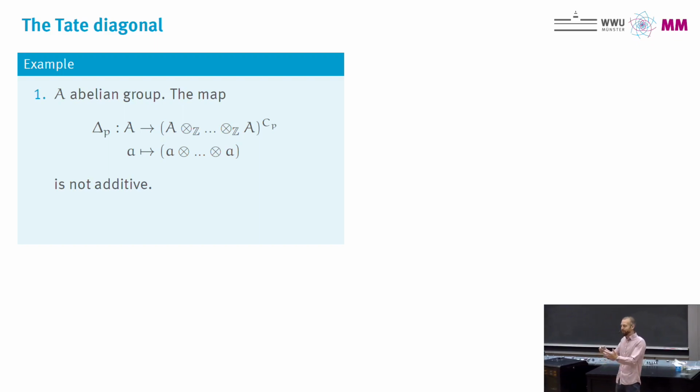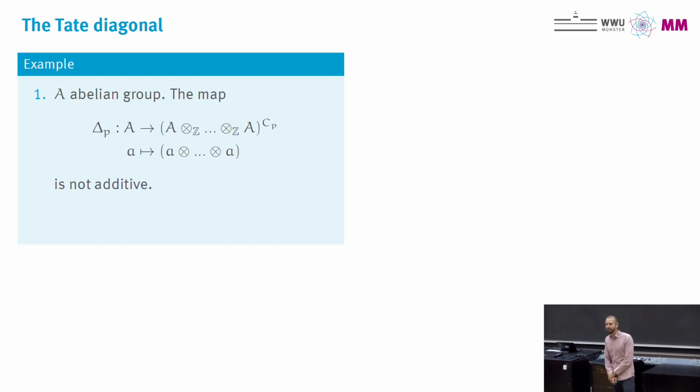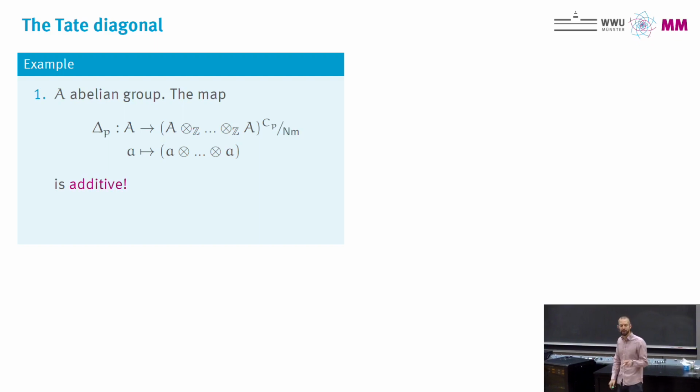Obviously, if I input a plus b, then I'm going to expand out, and you get all these annoying mixed terms. But the thing is, as before, we can just make it additive, because you observe that all these annoying mixed terms are norms. So as a result, if I quotient by the norms, this is exactly what makes this map additive, right? It's a little bit of an exercise, but it's not really hard to see that this becomes a group homomorphism.